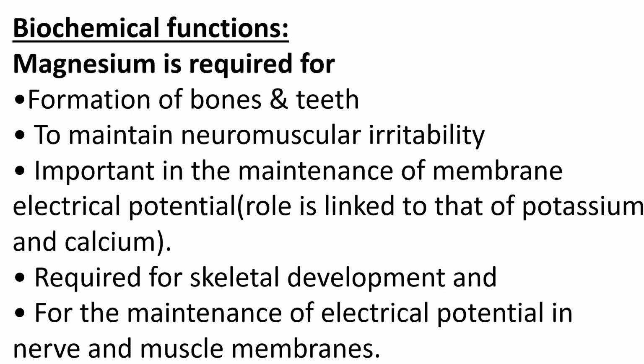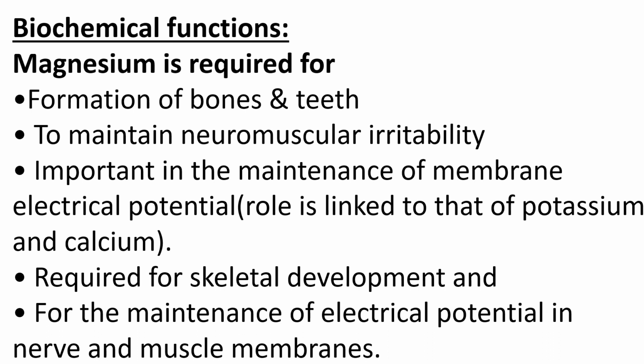This is a list of the functions served by magnesium, or biochemical functions for which magnesium is required. Number one is formation of bones and teeth, which we already knew, as 60% goes to the bones. Then it is required to maintain neuromuscular irritability.